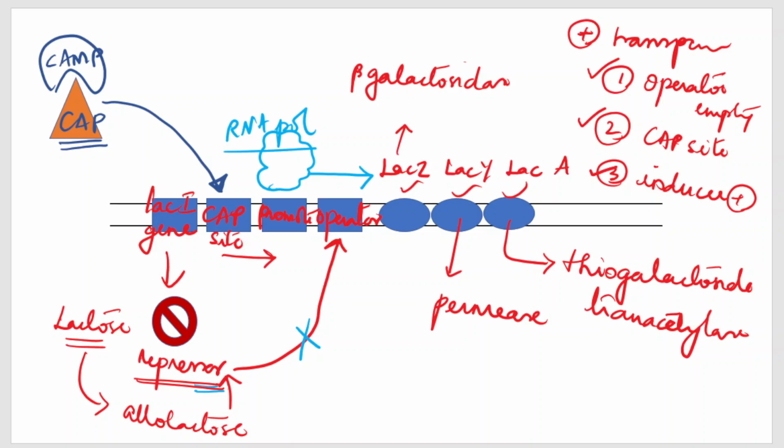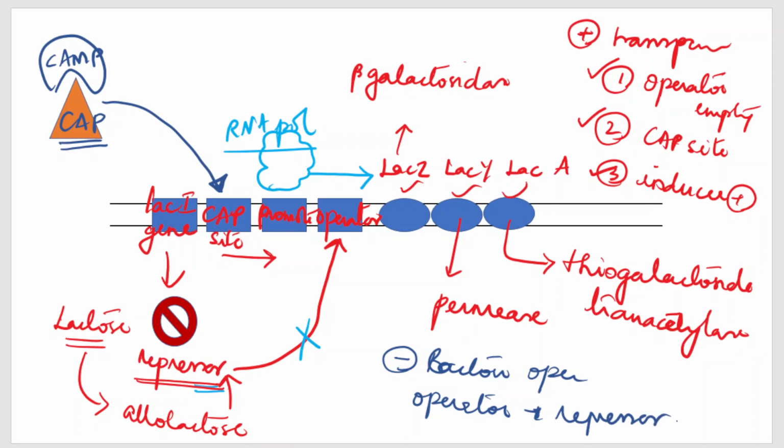Now what are the factors which will not favor transcription, or which will not favor the lactose operon or any operon? If the operator site is bound to a repressor, if the operator site has a repressor on it, and if the CAP site is not bound to cyclic AMP and CAP protein, and in the absence of an inducer, the lactose operon will be inhibited, or it will not be functional.